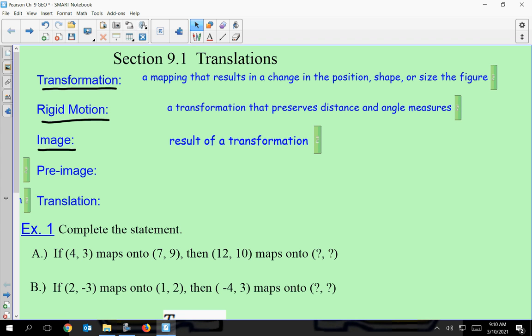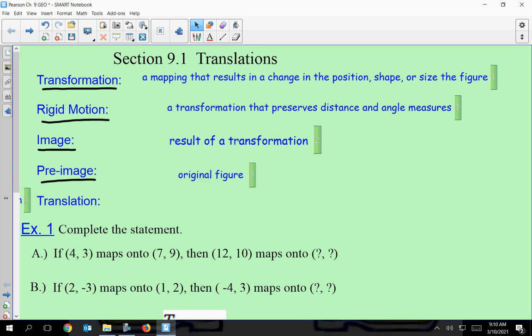So an image is, you were over here in the first quadrant, and somehow I got you over into the second quadrant, where it ended up is the image. The pre-image is where I started. So I had a point or a line or a triangle, whatever my picture was, this is where I start.